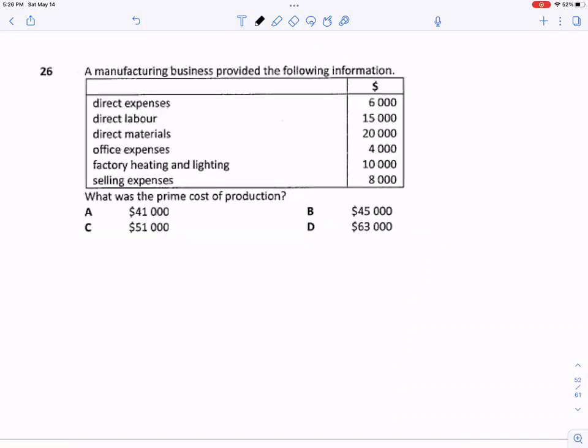Which ones will you avoid? Office expenses and selling expenses, and for prime cost, factory heating and lighting also. Okay, the last three you will avoid, so you get the prime cost.